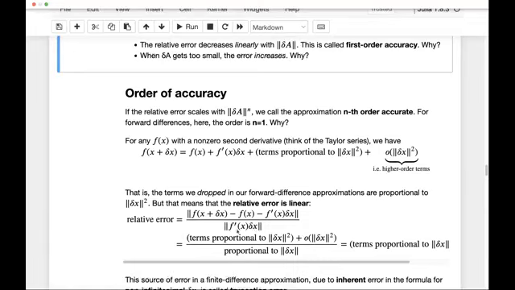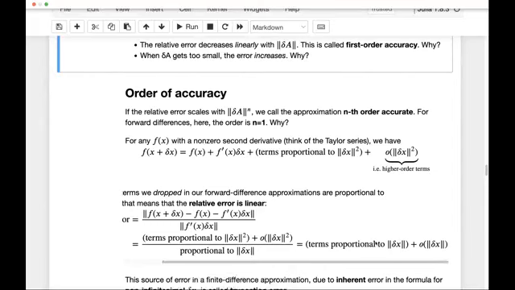But then we're dividing it by a denominator, f prime of x dx, that's proportional to delta x. So if I take a term that's proportional to delta x squared plus higher order terms and divide by a term that's proportional to delta x, what you get are terms that are proportional to delta x from the first term, plus higher order terms.